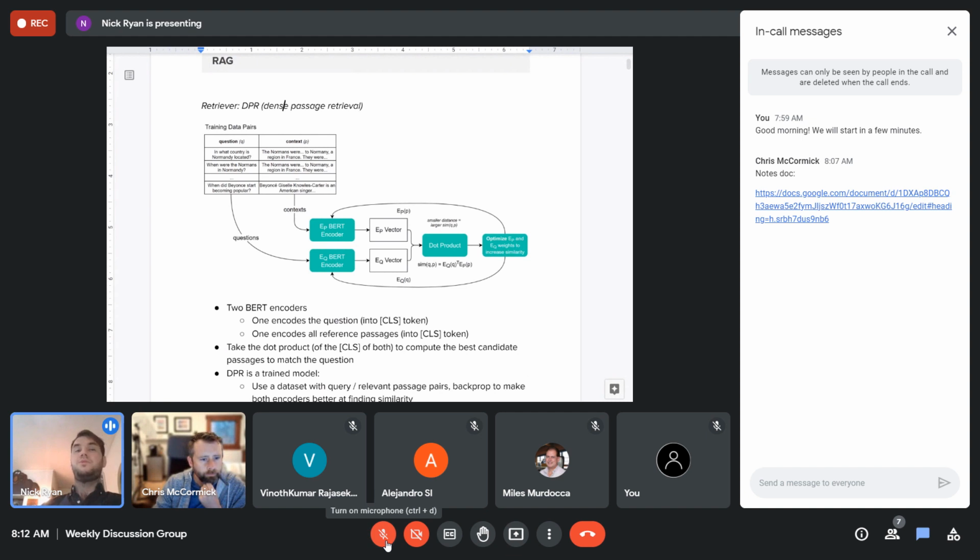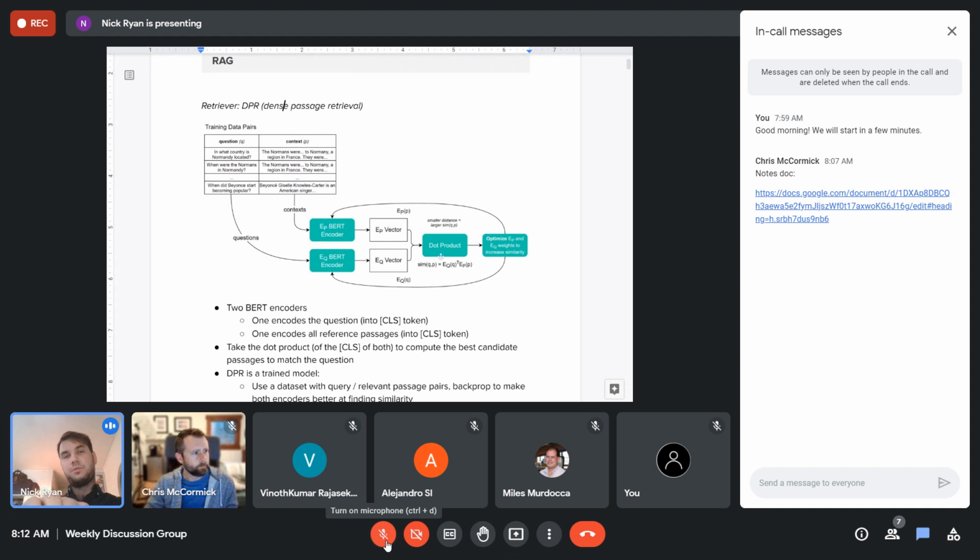Really, you can use any retriever in your question answering system. In RAG, they use DPR. And DPR is very simply two little BERT encoders. They're not full size, just because of unwieldiness. This is the training regimen: we take a question and a context which match. We encode the question, and we encode the context.